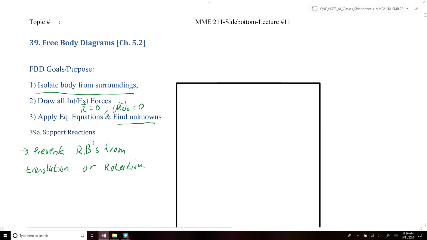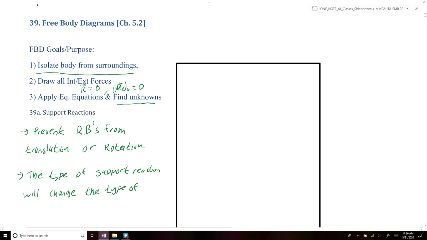All right. So the type of support will change the type of force or moment that will be applied to the rigid body.